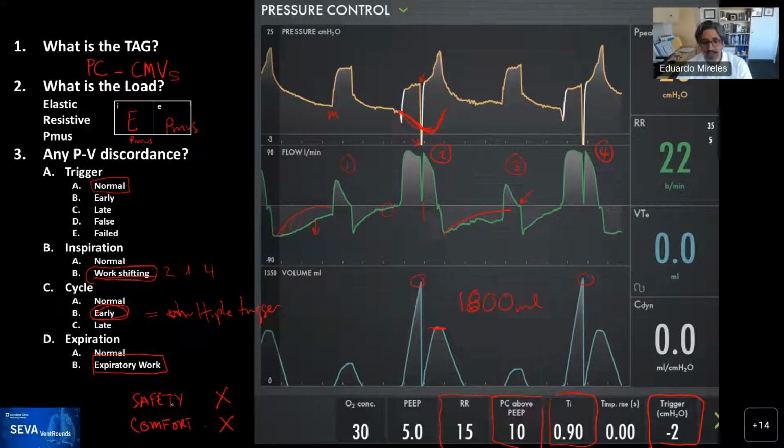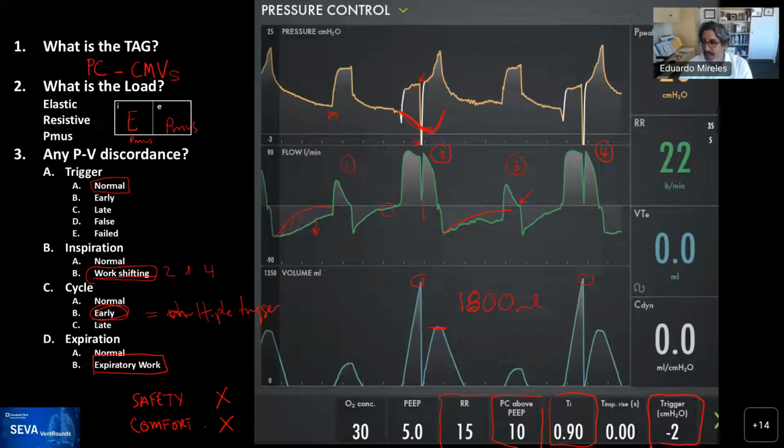And most likely, based on what I'm seeing here, the answer is going to be no. If you're trying to limit the tidal volume on a patient with a ventilator, you're going to fail with this amount of effort. And if the question is comfort, meaning synchrony and balanced work of breathing, the answer is no. You can evidently see that the patient is getting work shifting and two breaths one after the other.